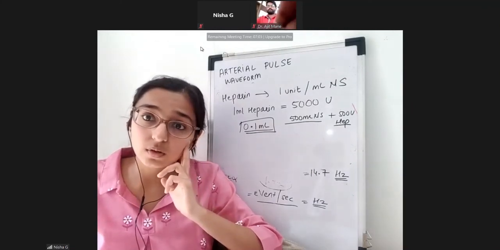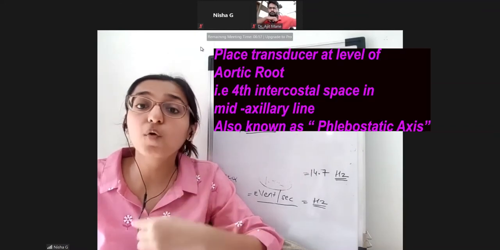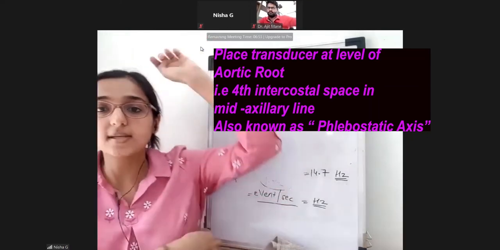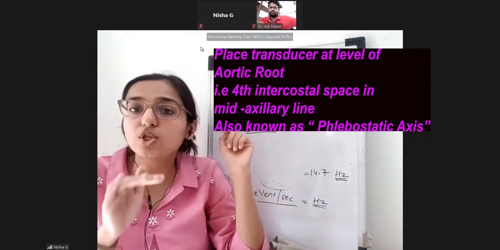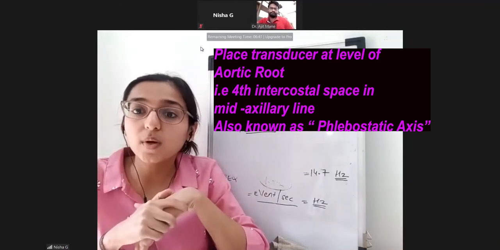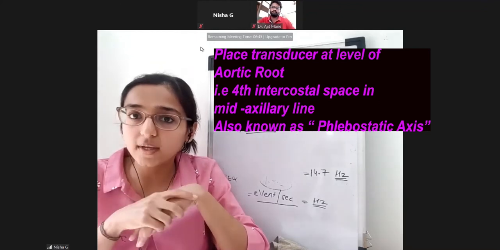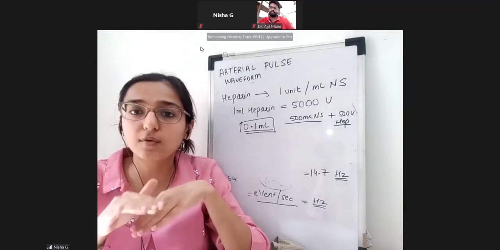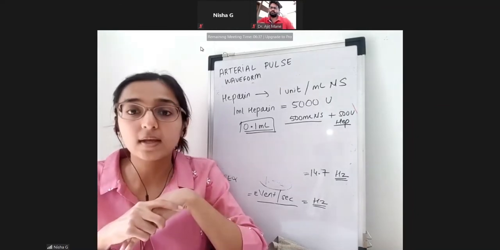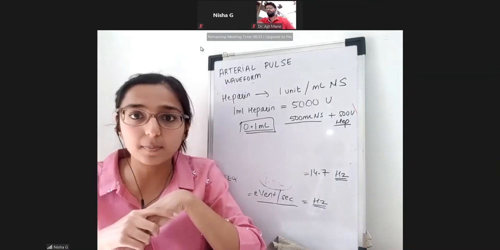It is the 4th intercostal space, mid-axillary line. That point is known as the phlebostatic axis. If you keep the transducer at the level of the aortic root, it will give you reliable BP readings. If I keep it very high or very low, I will not get a reliable BP reading.